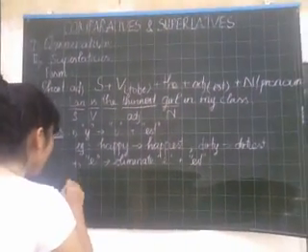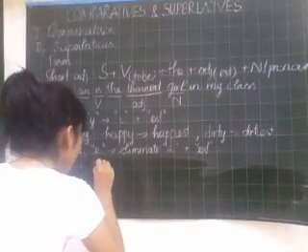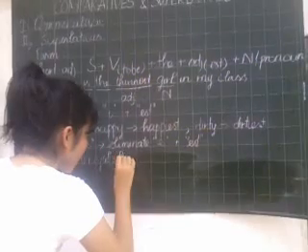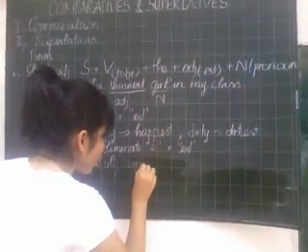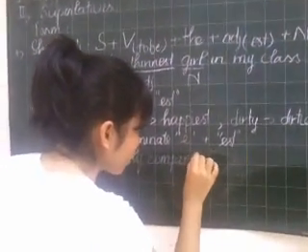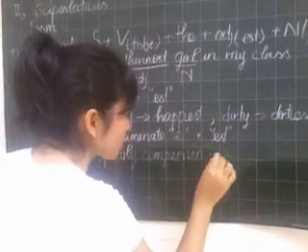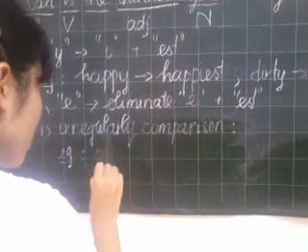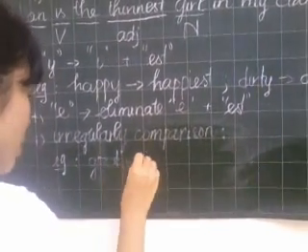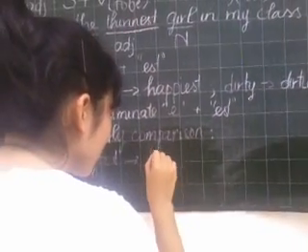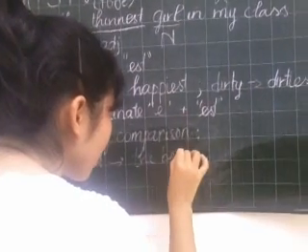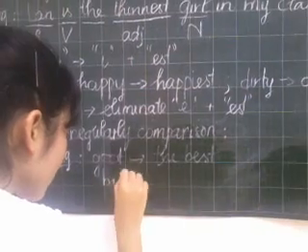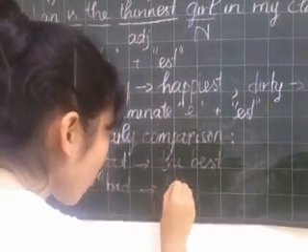The last one, which is irregular comparison. We must change the form of the adjective. For example, good. We must change to best, the best. Bad. Bad, we change to the worst.